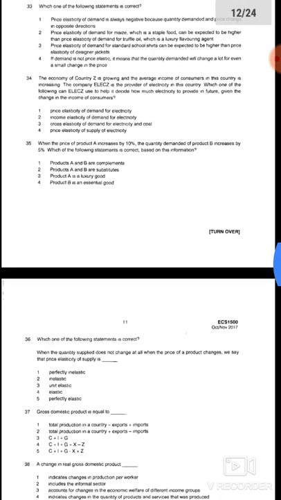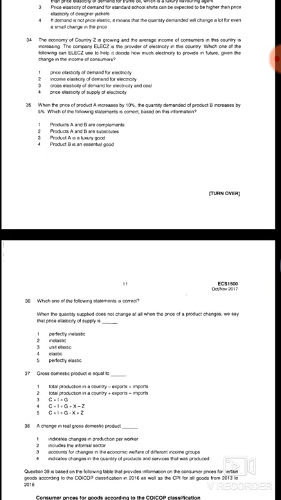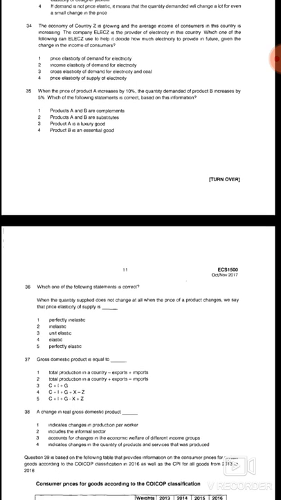Let's move to 34. The economy of a country where average consumer income is increasing, electricity. Which one of the following can Alex use to help decide how much electricity to provide in the future? It's actually option number 2, because they are talking about the income of consumers, so it's about income elasticity for electricity.